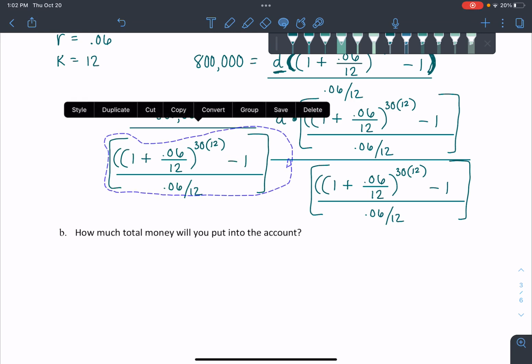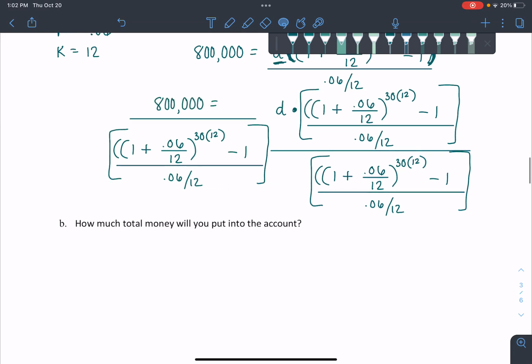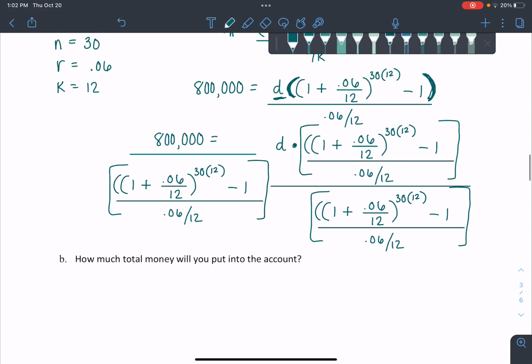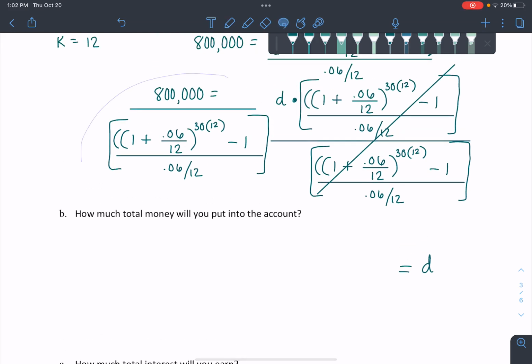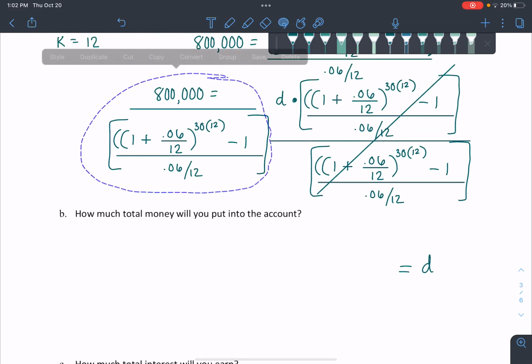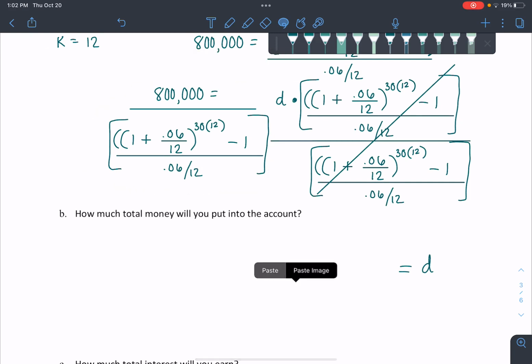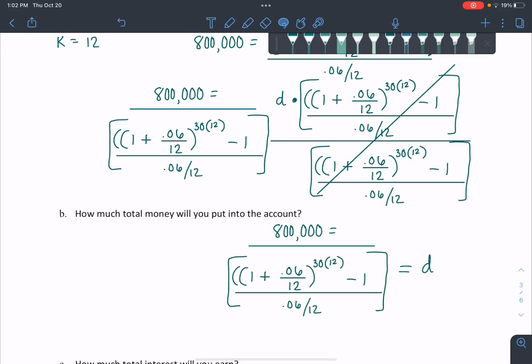But here's what I want you to take away: because I've divided this to the other side, I'm left with D equals this entire thing, 800,000 divided by everything next to D. So that is what I'm left with.